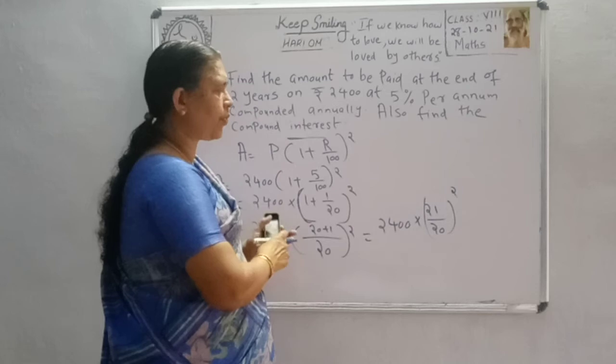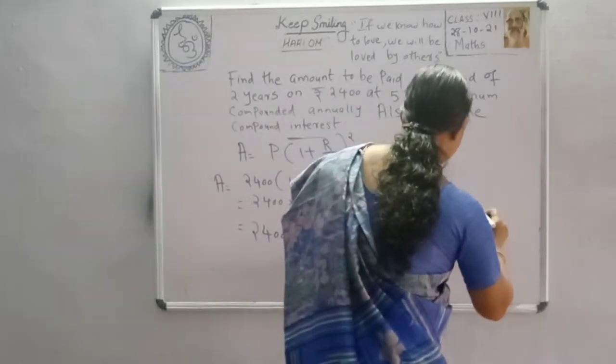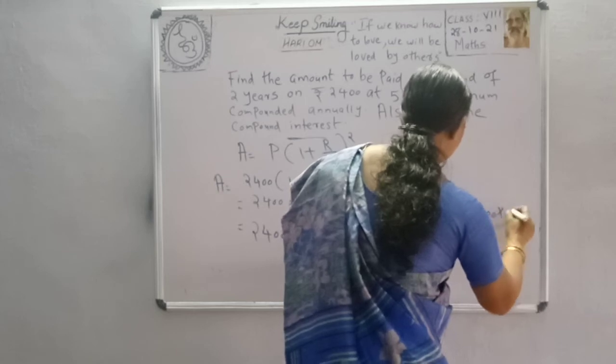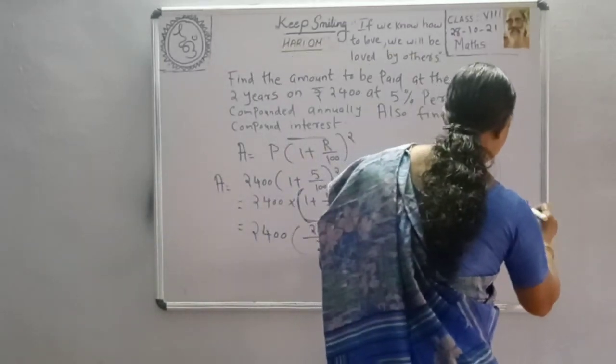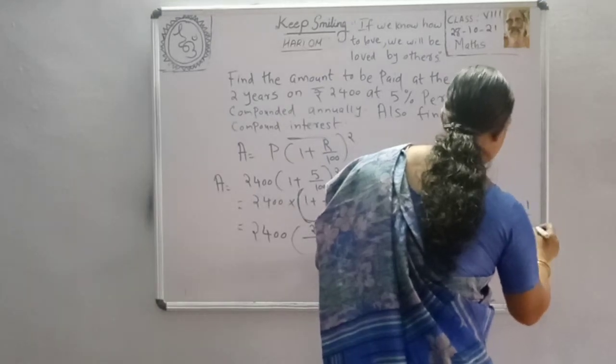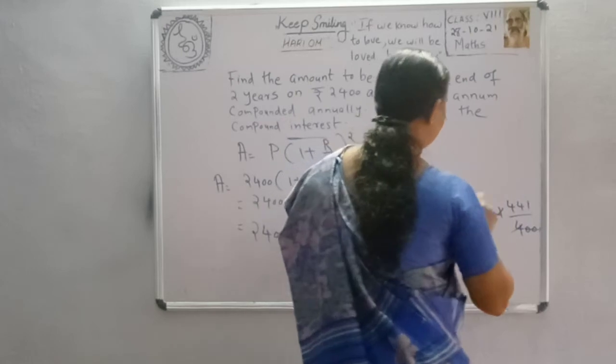Then what is square of 21? That is equal to 2400 into, 21 square is 441, 441 by 400. Cancel this. 4 6 are. Then what is our answer?